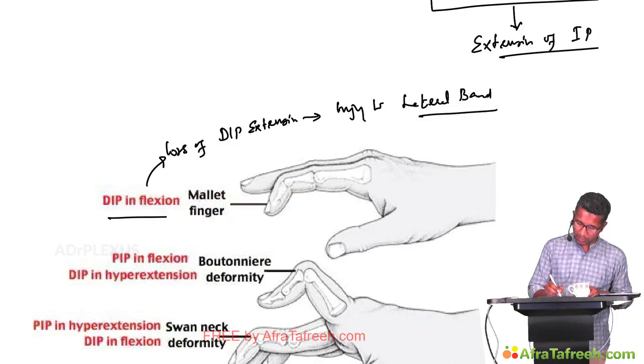Suppose instead of the lateral band, the central band gets injured, the proximal interphalangeal joint will go into a flexion attitude, and the distal interphalangeal joint will be in an extension attitude. Such a deformity is called a Boutonniere deformity.